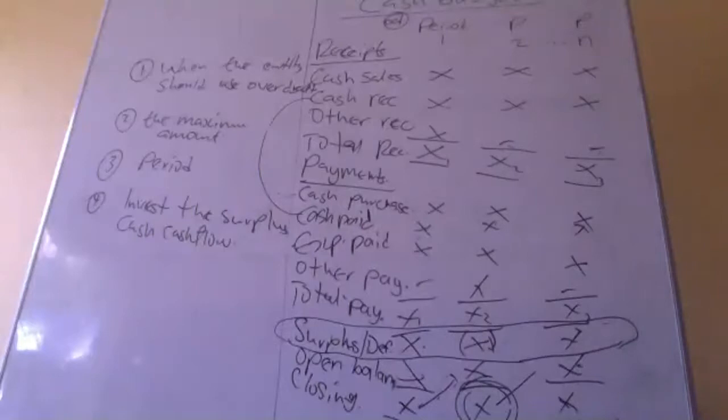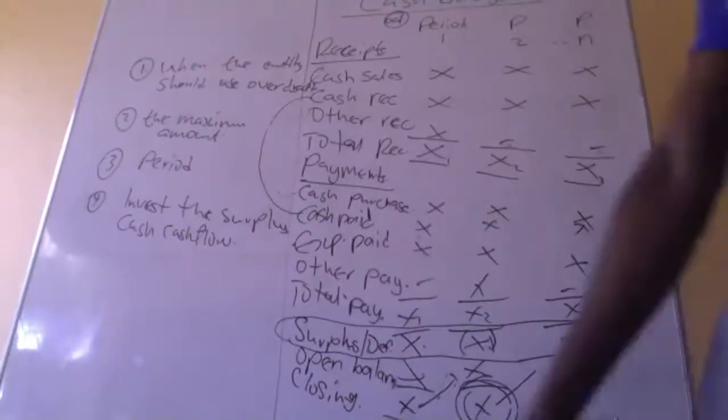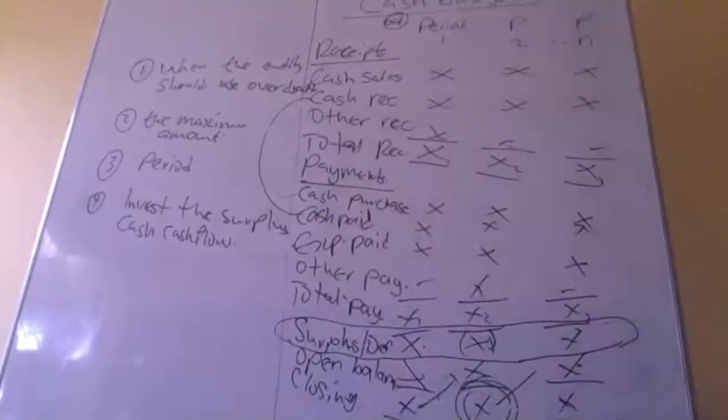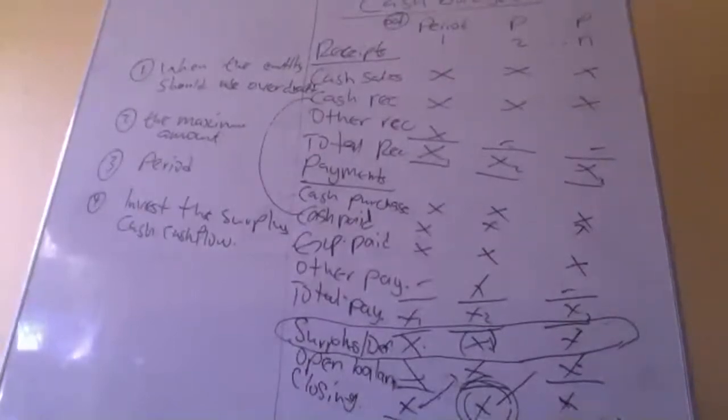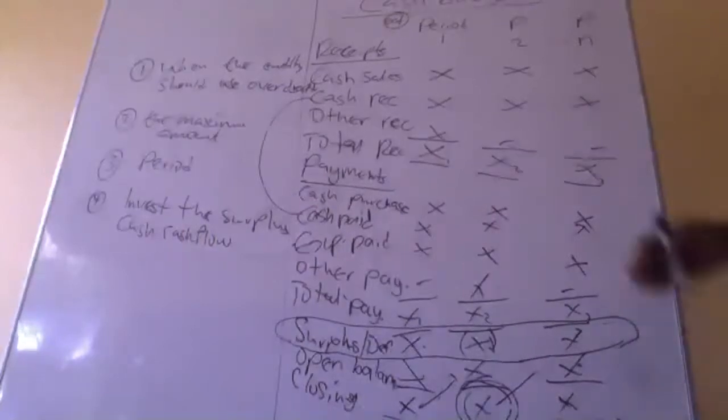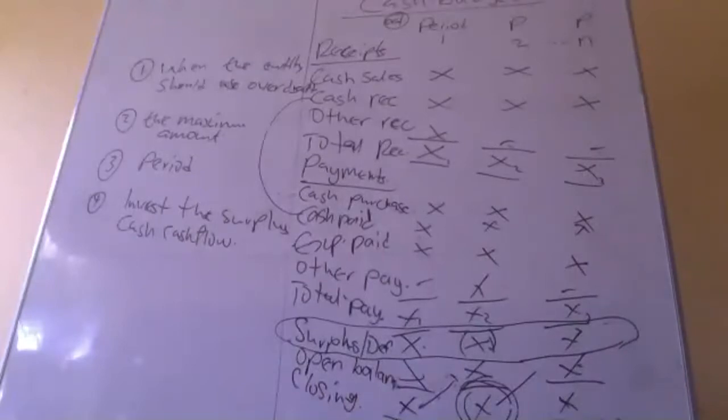So let's proceed. We are talking about the unique transactions, which may distort your cash budget. And then cash budget also assumes that it's a forecast, and all forecasts assume that the past transactions will provide a reliable guide in future.